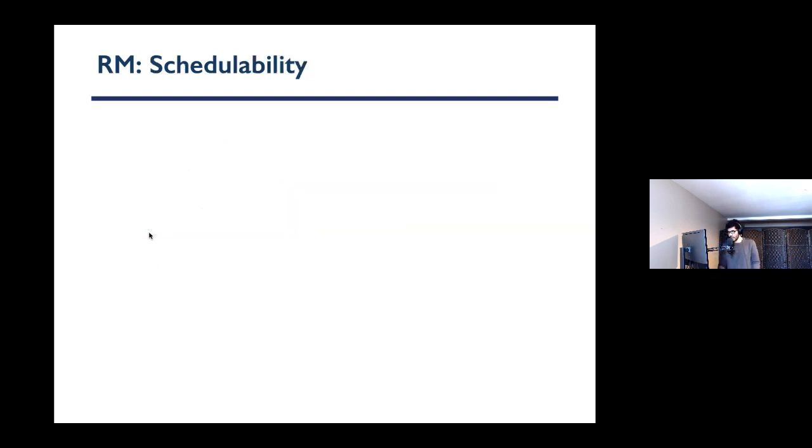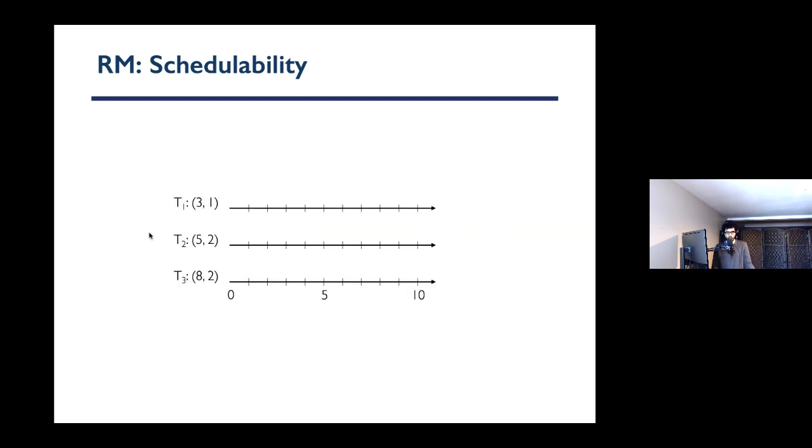Now, can rate monotonic scheduling policy do that for every task set that we throw at it? Let's see. Here's another example. In this example, I have 3 tasks again. So 3, 5, 8. I got a question.